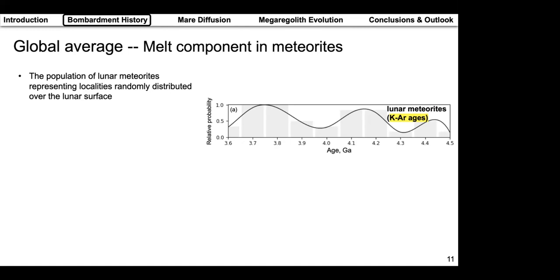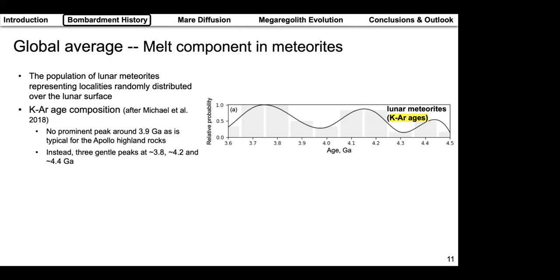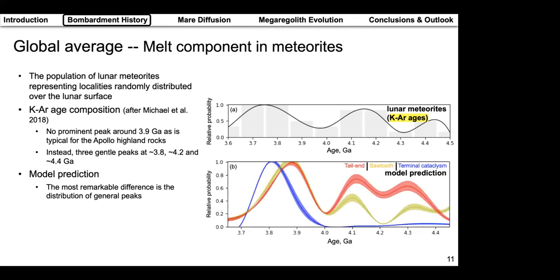This histogram shows you the potential argon ages of these meteorites. You can see three general peaks at 3.8, 4.2, and 4.4 gigayears. And then what we get from the model, in the plot below, is the model-predicted results.